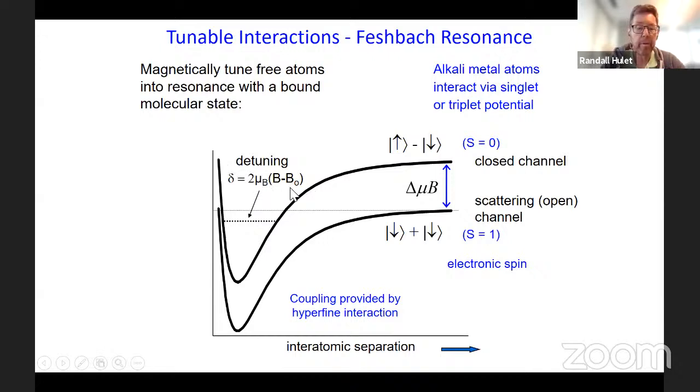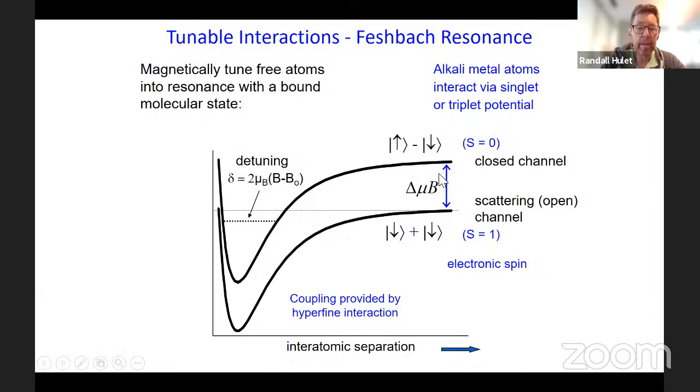There's a few hundred bound states in the case of the triplet, and a few dozen bound states, or maybe one bound state for the hydrogen. I forget. For the alkalis, it's of order 10 bound states. Because these are different electronic spins, they have a relative magnetic moment.